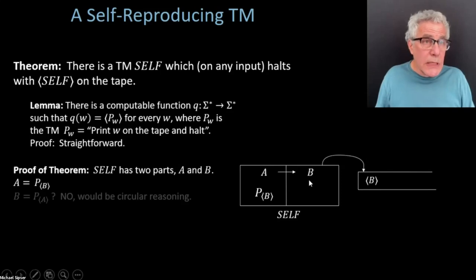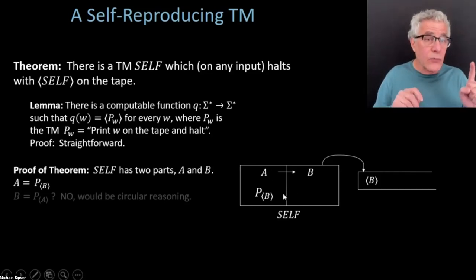So how is B now going to get a hold of A? The trick for doing that, without having a copy of A inside B, which doesn't work, is that B is going to figure out what A is.